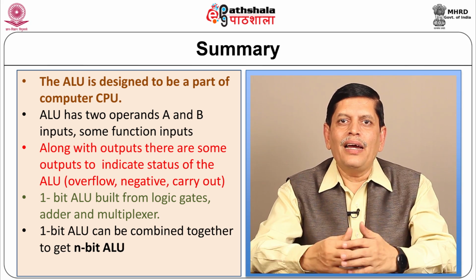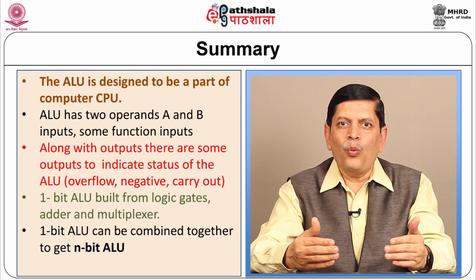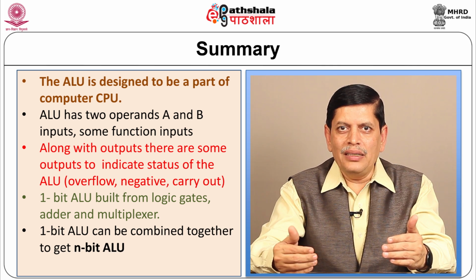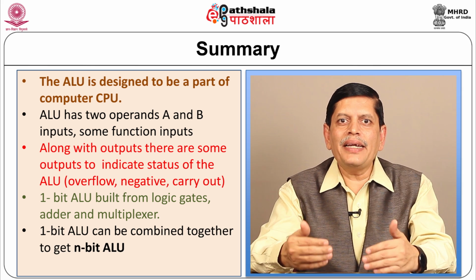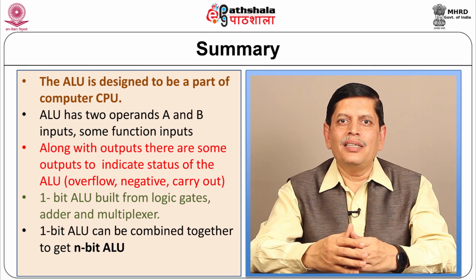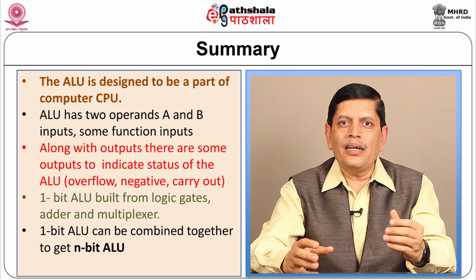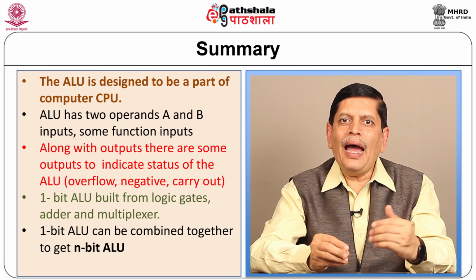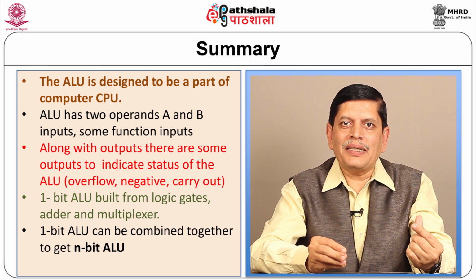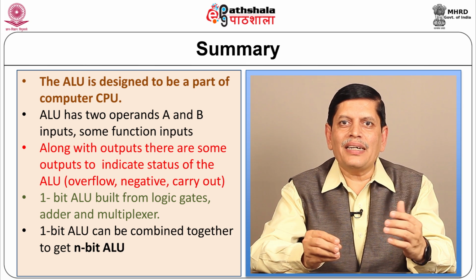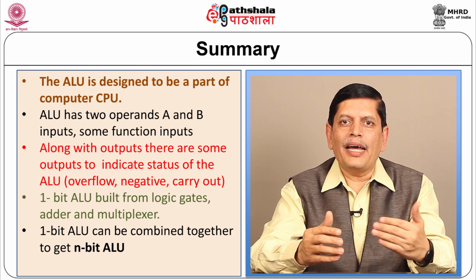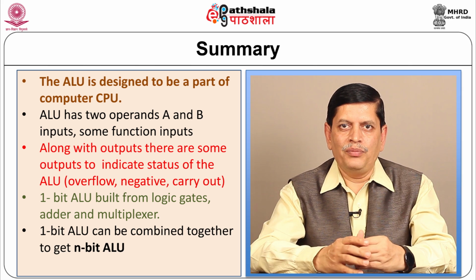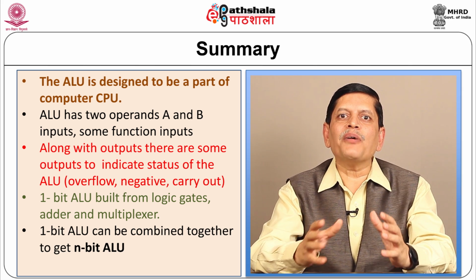We know that addition with 1's complement number or 2's complement number can give us the subtraction. So, a logical unit along with an adder and one multiplexer can give us some kind of arithmetic and logical unit design. So, this is about the 1-bit adder that we have seen.